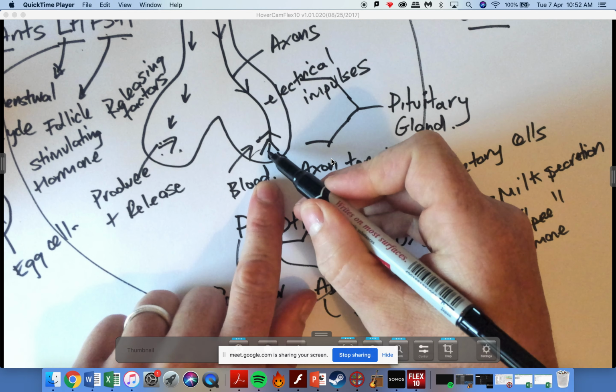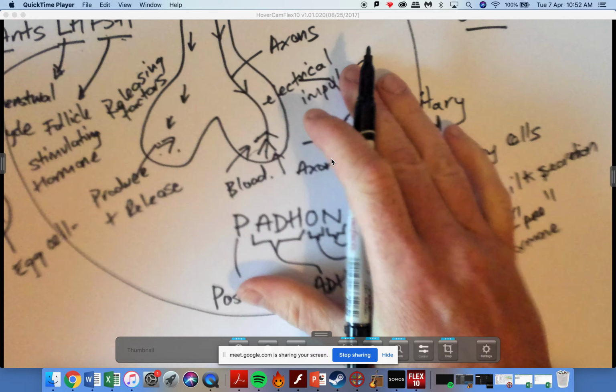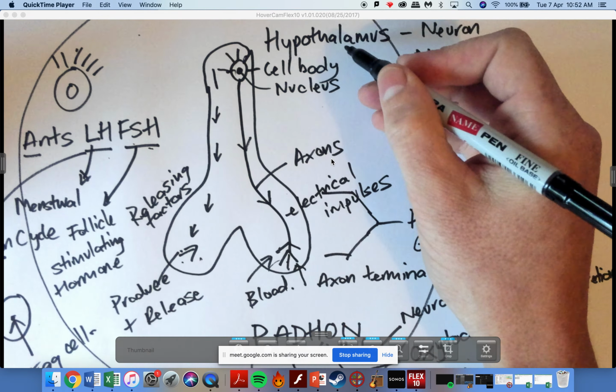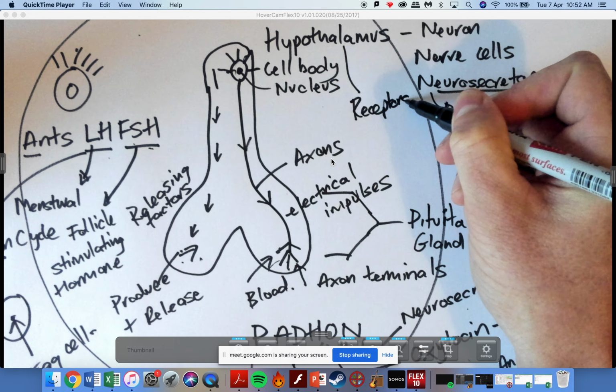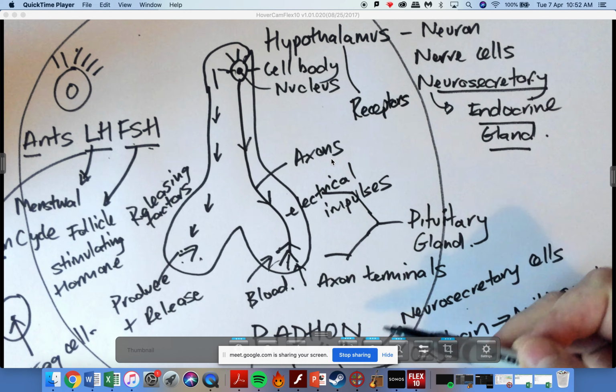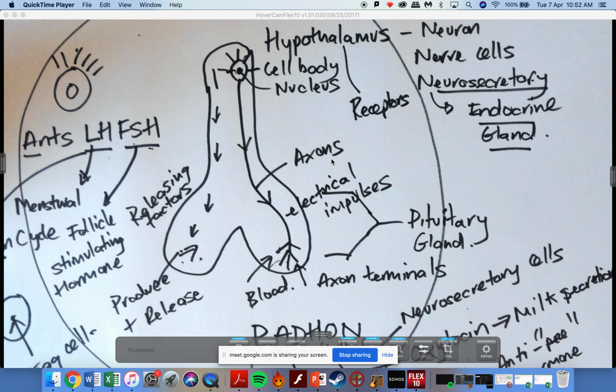And a lot of the time we've got negative feedback, so there'll be detection in the hypothalamus. It contains lots of receptors. And so when it releases a hormone and it has its effect, there'll then be negative feedback to switch it off.